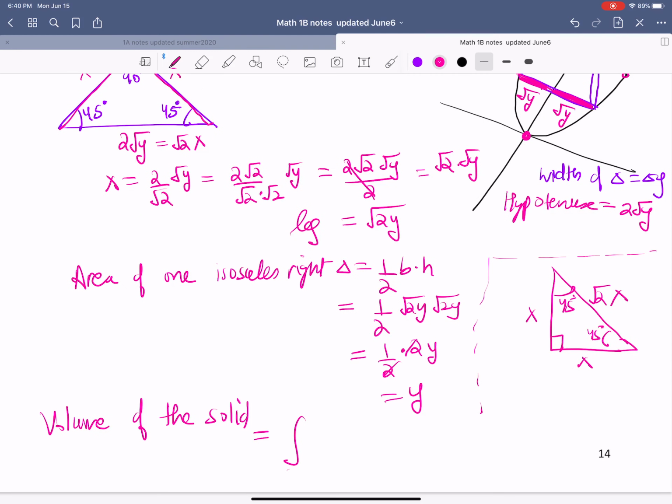So from 0 to 4, area of one cross section, which is y, width of one cross section, which is delta y, and that integral, I'm not going to solve it. You guys go ahead and evaluate that integral. It's y squared over 2 from 0 to 4. Go ahead and simplify, evaluate the definite integral.